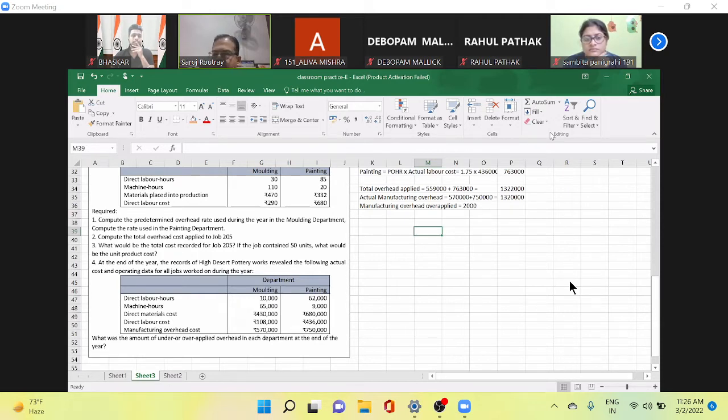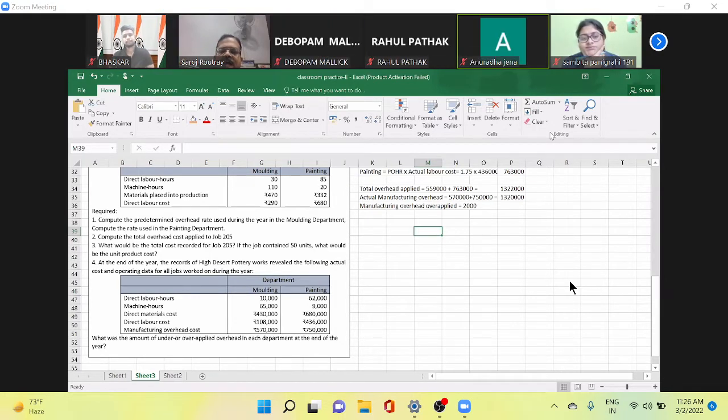The second thing is, if our work in progress and finished goods are not very significantly high, and most of our goods are sold, right? So if 90% of the goods are sold, this adjustment will not have much impact on our work in progress and finished goods. So we can do that adjustment. But the better method is always to proportionately adjust whatever under application or over application has happened against work in progress, finished goods, and cost of goods sold, the way it has been charged to them.